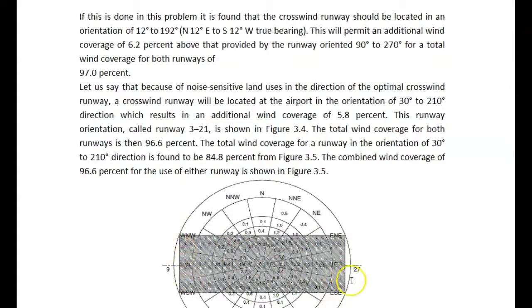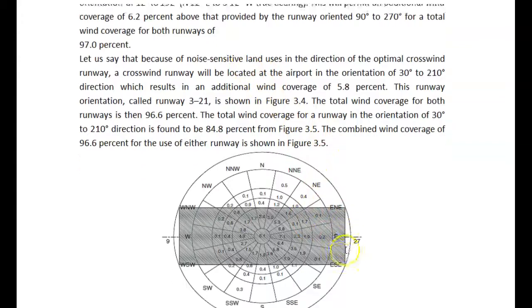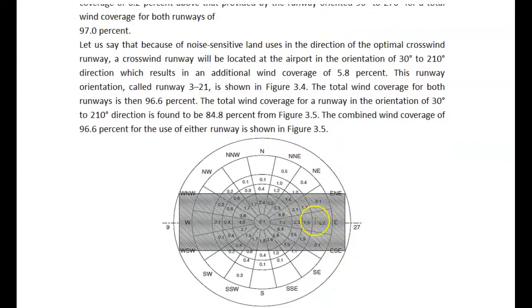This template represents a runway, but in such a way that the crosswind speed does not exceed 15 miles per hour. That is why we calibrate half of it as 15 miles per hour, and we rotate it round the wind rose. As we rotate it round, we'll be able to get where we have the maximum amount of wind. It should cover about 95% of the total wind blowing for the year.